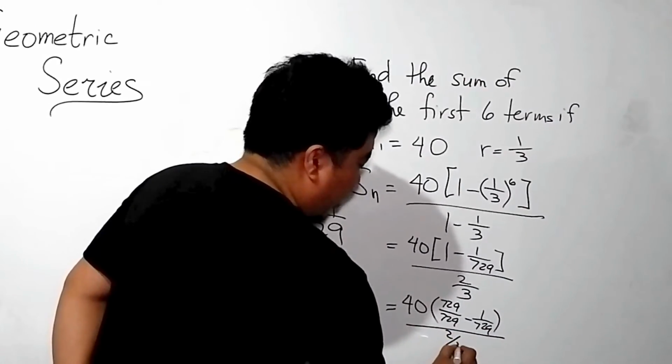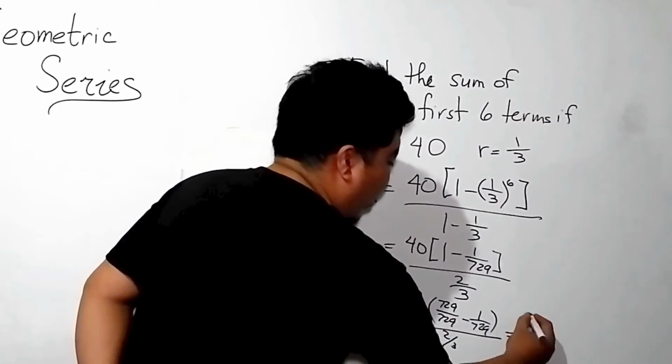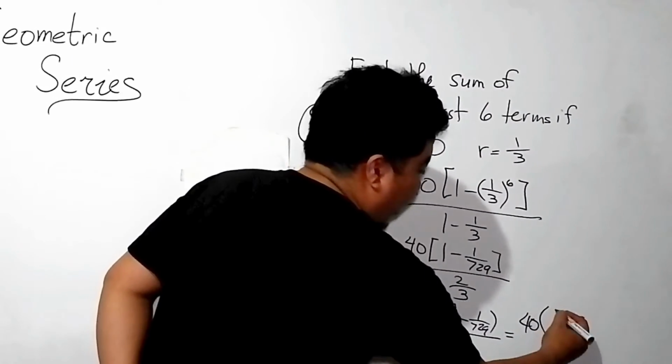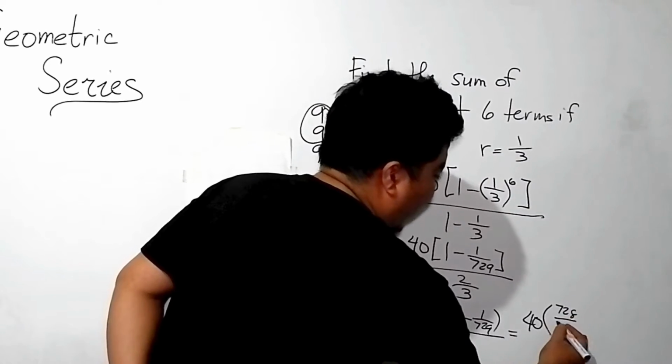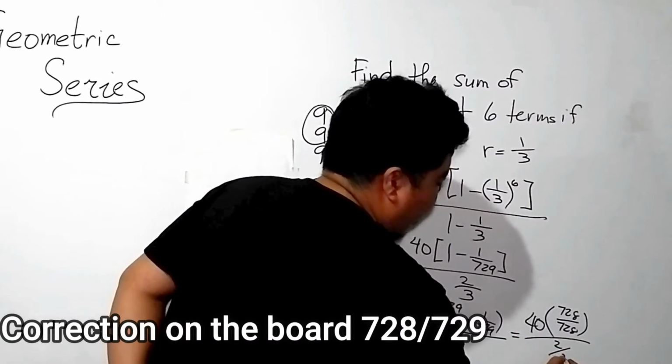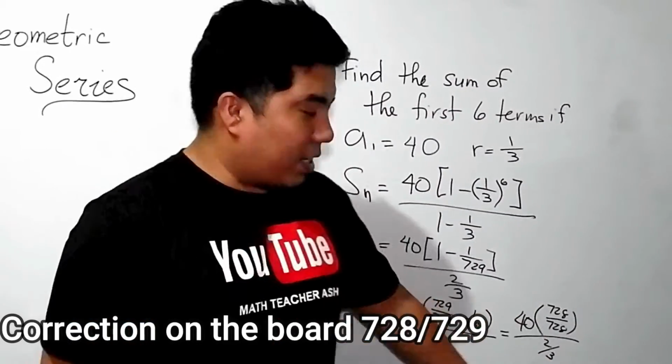Over 2/3. So the final answer here will become 40 times 729 minus 1, that is 728 over 729, over 2/3. Now, let us continue here.